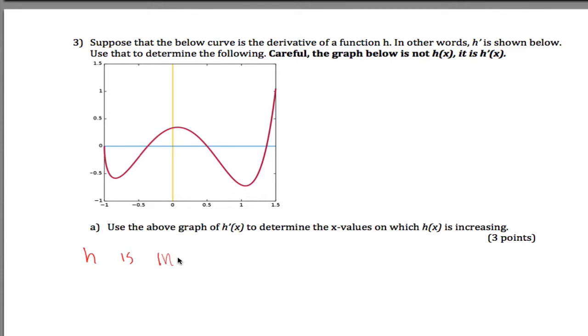H is increasing when h prime is positive. I guess I can write positive. Which happens at, let's see, when is this thing positive? Well, it looks like from somewhere around here to somewhere around here, and then from here to there.